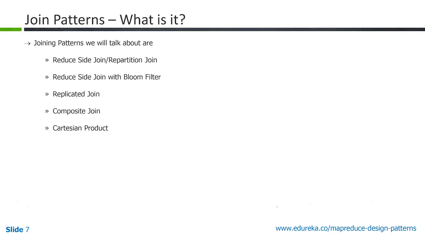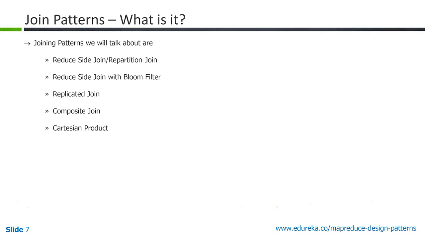But when we discuss the map side joins, replicated join is one of the cases, and a composite join also happens completely on the map side, you end up losing something. Although in terms of processing your time is definitely going to benefit, because you're not transferring data across the network and everything is happening on the map side only.